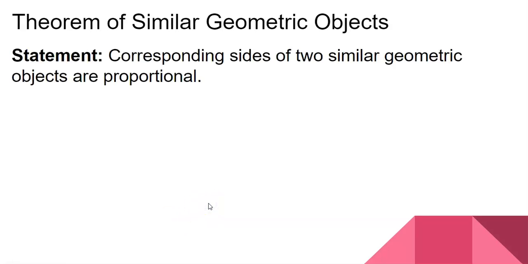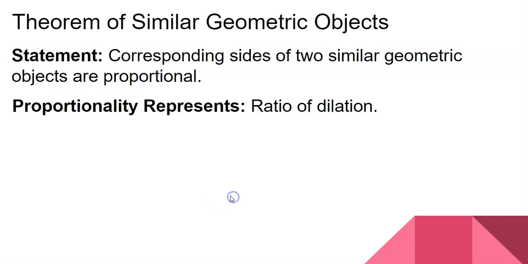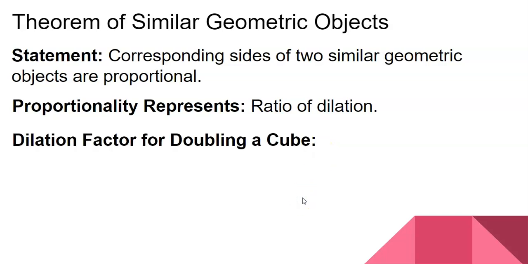Now let's revisit the theorem of similar geometric objects like triangles and cubes. We know that corresponding sides of two similar geometric objects are proportional, and the proportionality represents the ratio of dilation. And the dilation factor for doubling a cube is, what do you think?